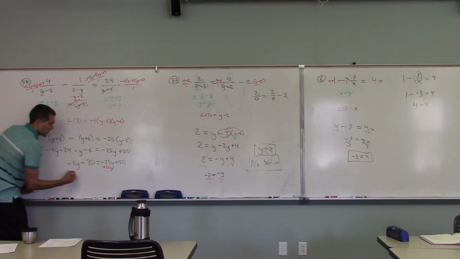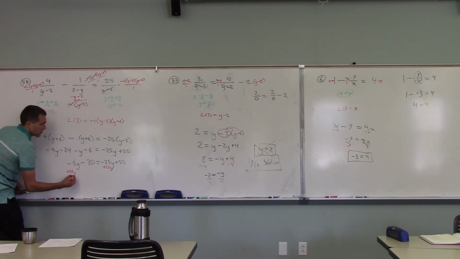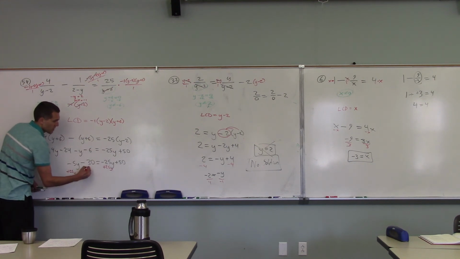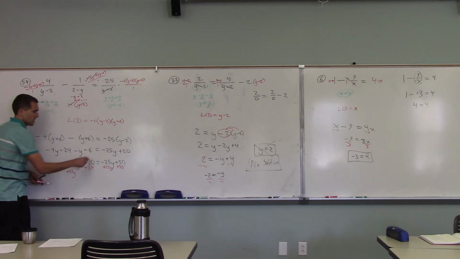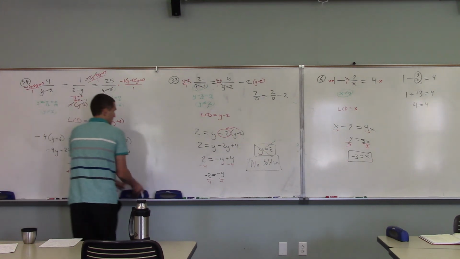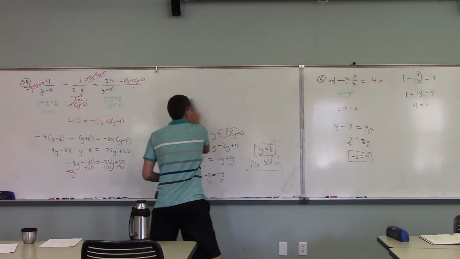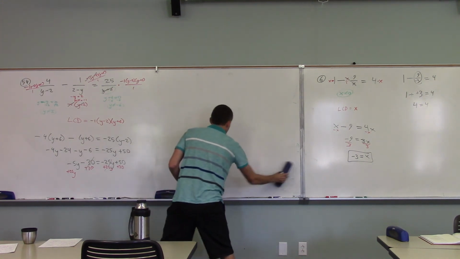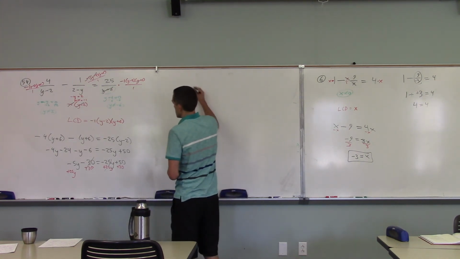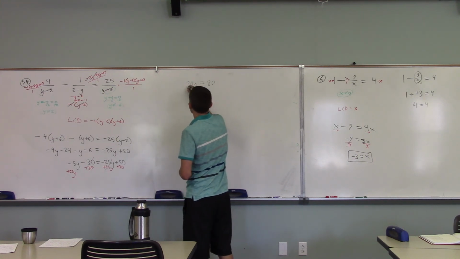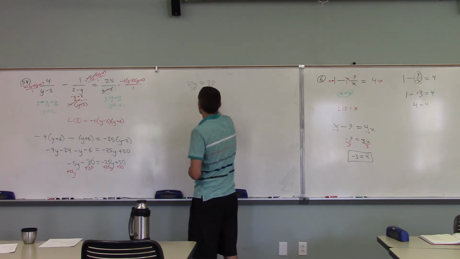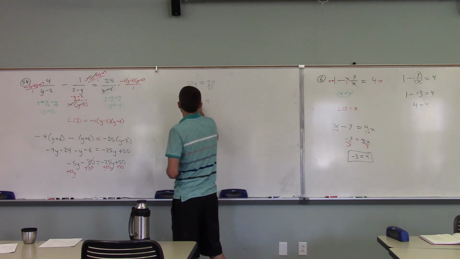So add 25y, which then means I'm going to put the numbers on the other side, so plus 30. So this cancels and this cancels, and we get 20y equals 80. Divide by 20, divide by 20. We get y equals 4.